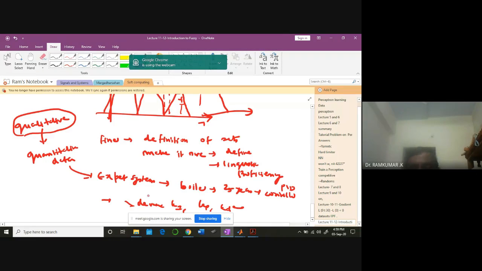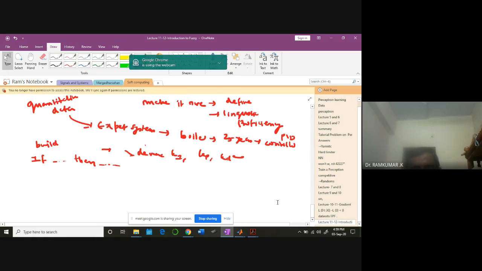It's more like qualitative data. So once you capture that information, you have to build a kind of expert system. Every time this condition happens, I will take this corrective action. So it's kind of rule-based. Fuzzy logic, in fact, stems from this kind of rule basis.